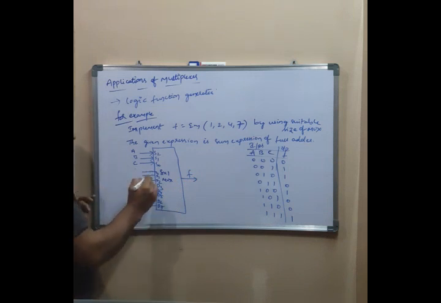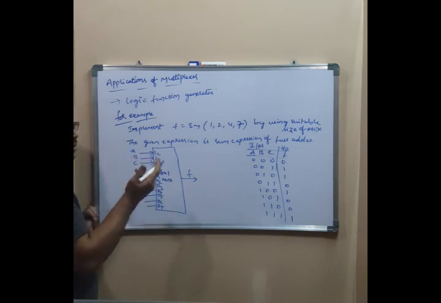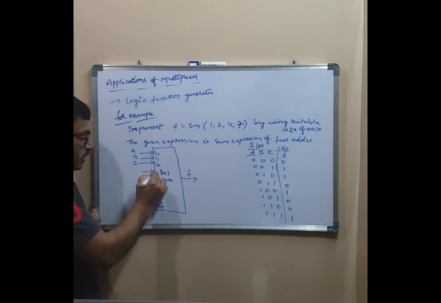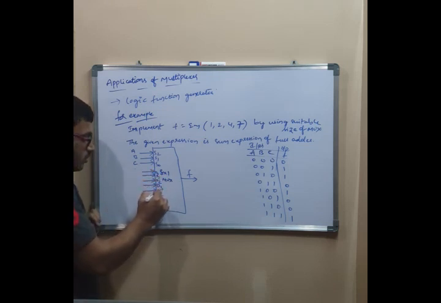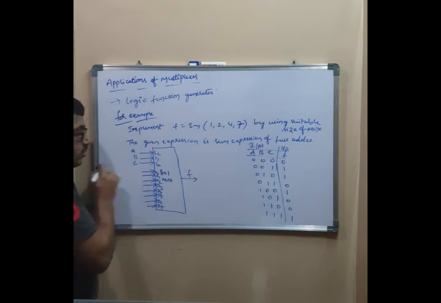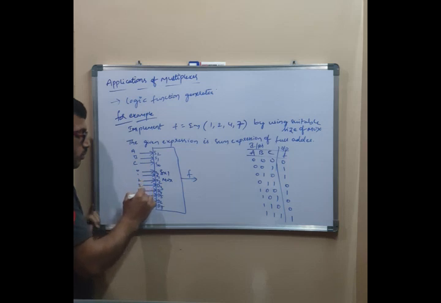Now I will connect this D0 as minterm 0, minterm 1, minterm 2, like this, right? These are data inputs. This is clear? 0, 1, 2, 3, 4, 5, 6, 7.